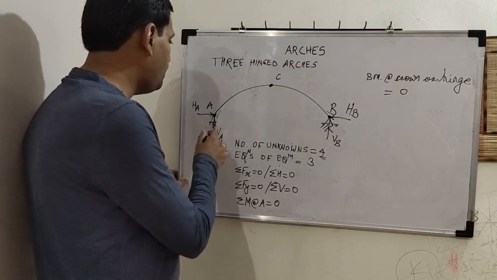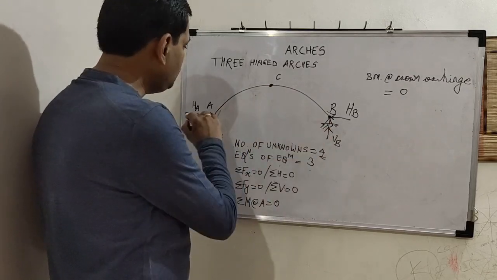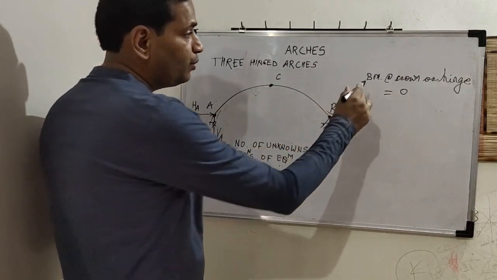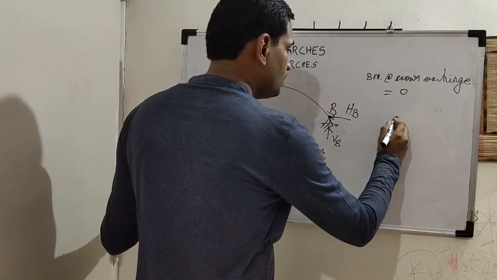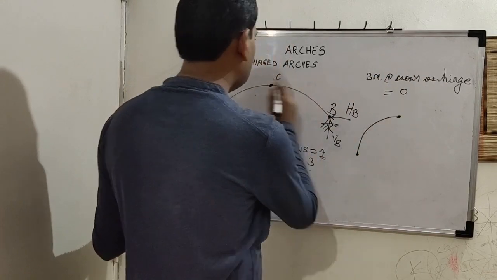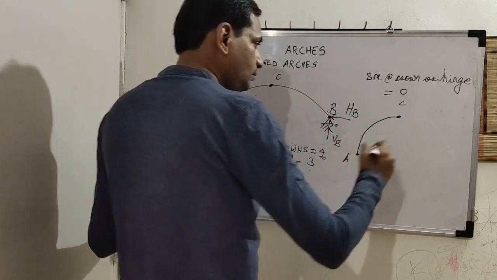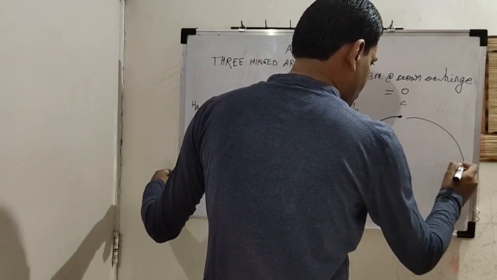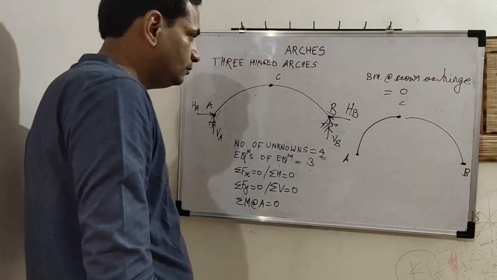Mostly you will get VA and VB. When you have to get HA or HB, you have to use this condition of equilibrium. You will use either left hand side part of the arch from crown or right hand side part. Okay.